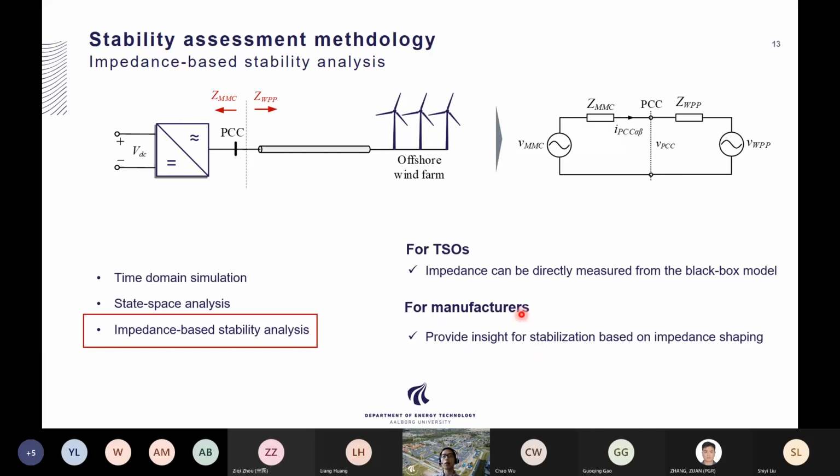For example, if you see the impedance has a negative damping feature, you probably know that there would be a risk in that frequency range. Then you can have some corresponding mitigation method to stabilize the system. So that also has some benefit for manufacturers. That is why in this presentation I will focus on the impedance-based stability analysis.